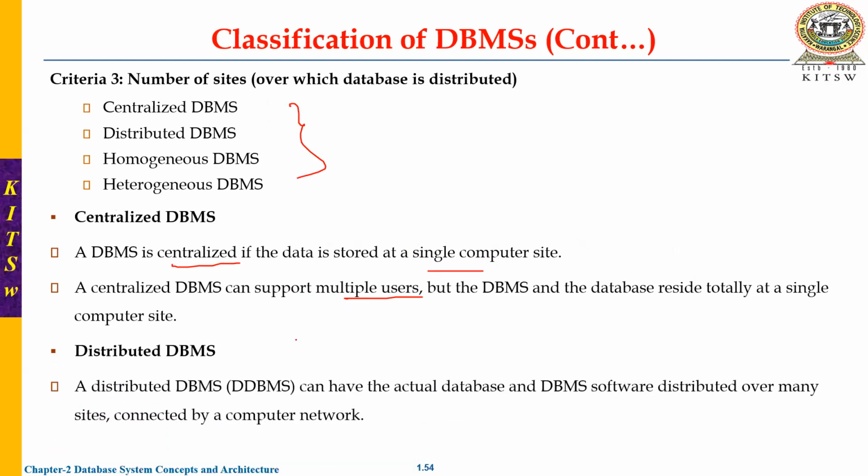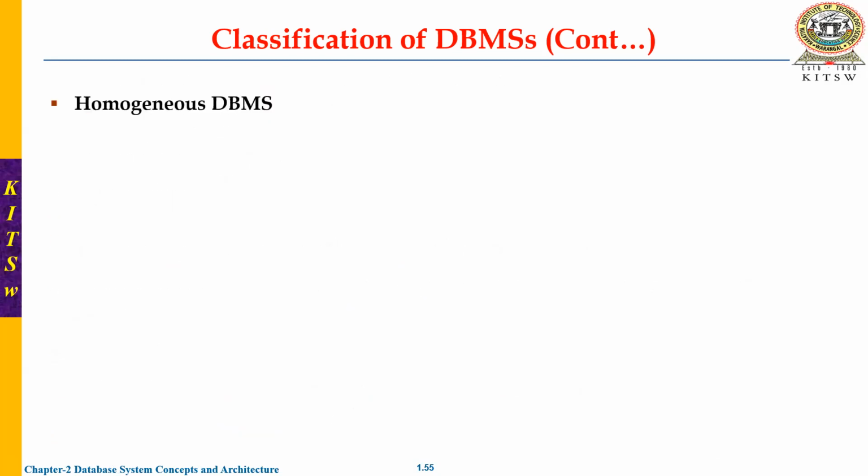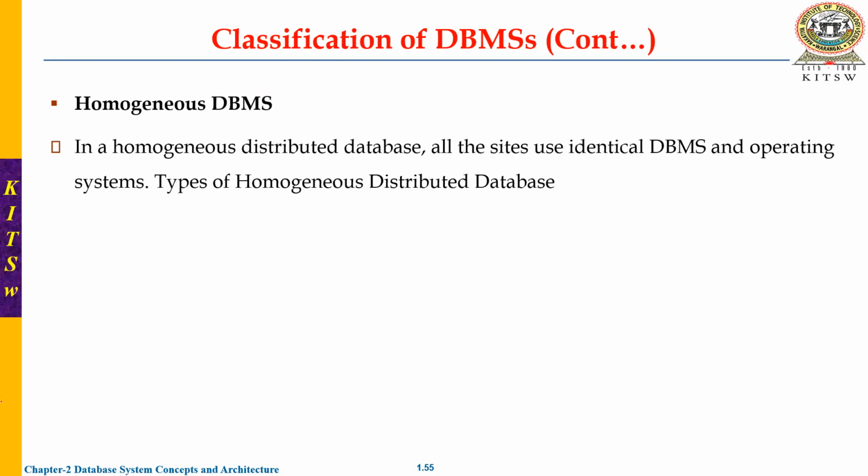A distributed DBMS can have the actual database and DBMS software distributed over many sites. Whatever you are using over the network now, that is a distributed DBMS. Homogeneous DBMS: in a homogeneous distributed database, all the sites use identical DBMS and operating systems.